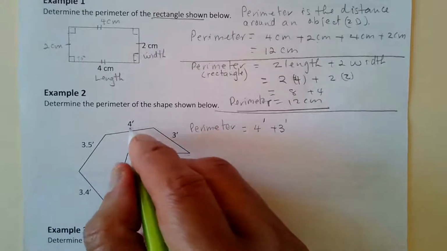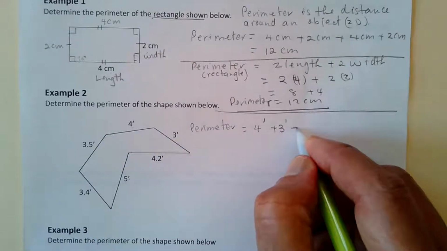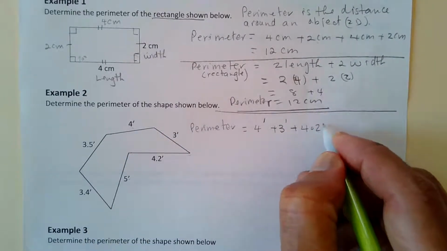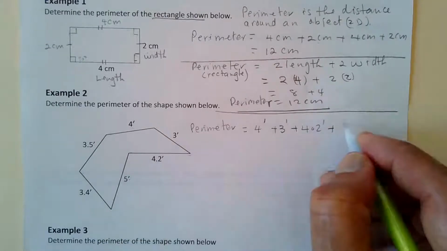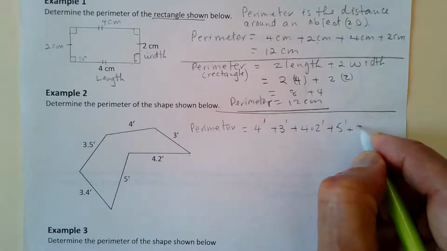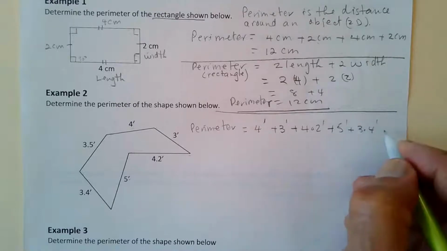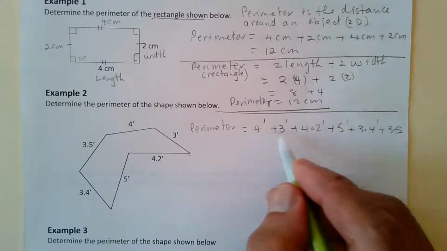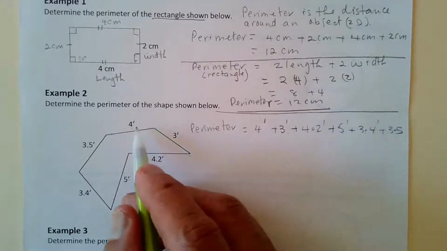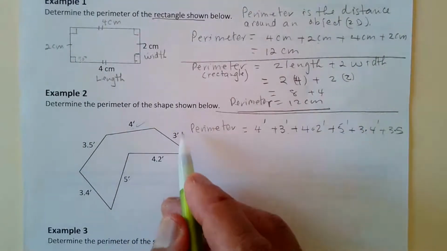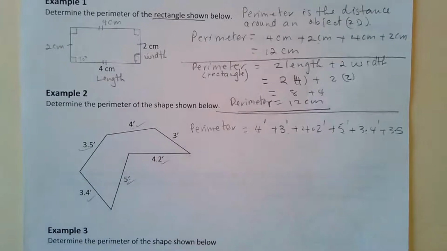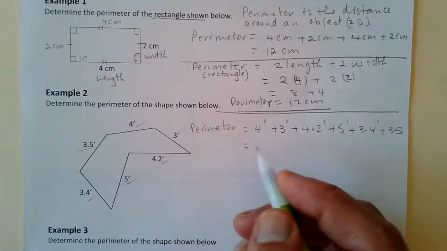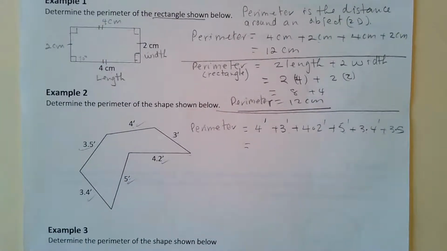I just like to do it in sequence so I wouldn't miss any. Plus 5, plus 3.4, plus 3.5. So 1, 2, 3, 4, 5, 6 sides. Add all these up now.